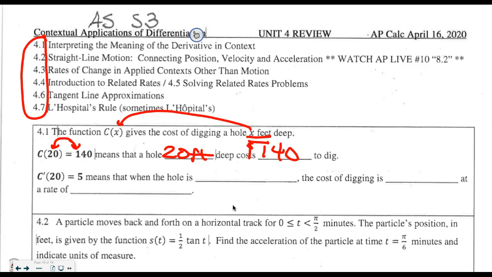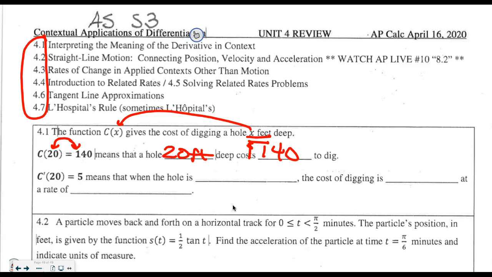Contextual derivatives. We're not going to do the particle motion part because we discussed that explicitly already, but c prime of 20 equals 5 means that, all right, fill in the first blank, means that when the hole is 20 feet deep, okay, that's actually the t, that's the time, right? The cost of digging is, what's it doing?